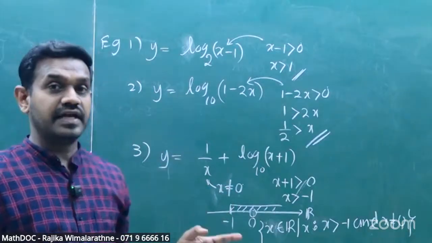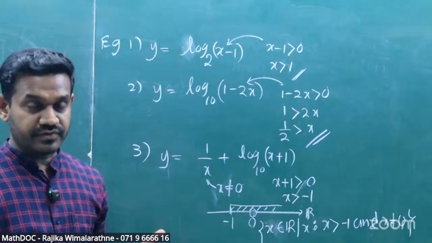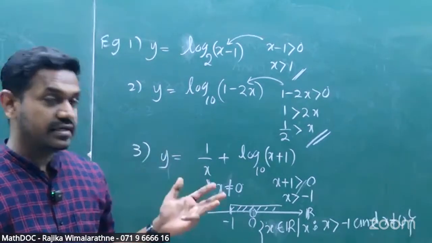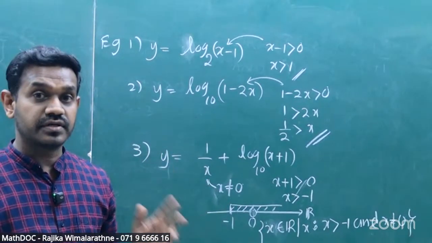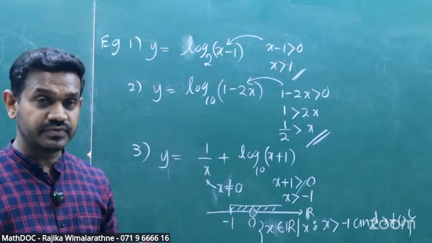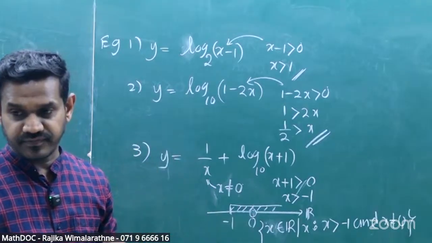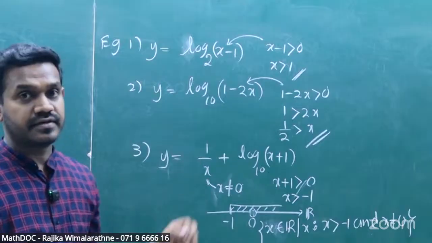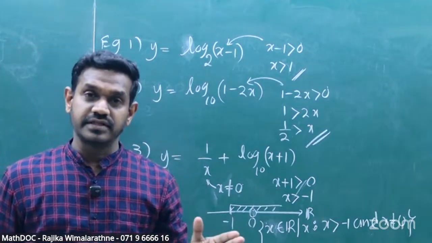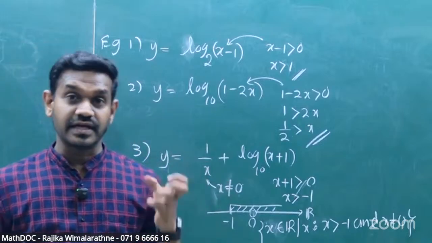So when we find the domain, we have three conditions: within a square root, non-negative; within logarithms, must be positive; and no denominator zeros. By considering all these cases, you can extract the domain properly.